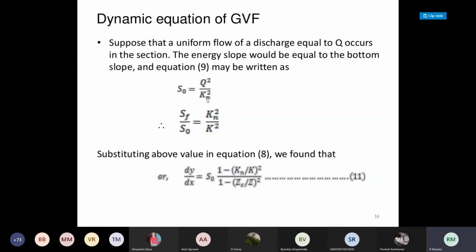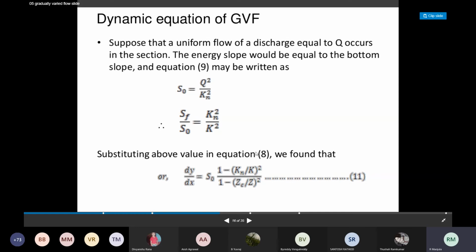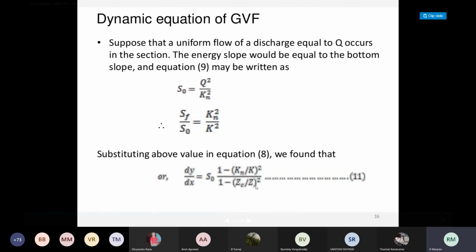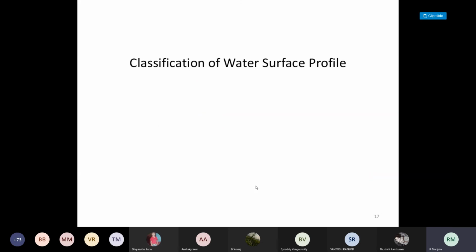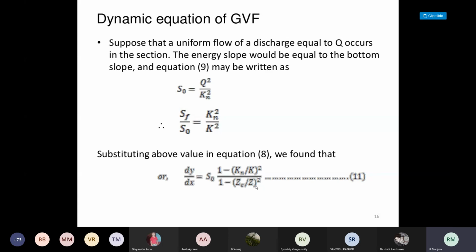So instead of Sf by S naught, you can replace by means of conveyance, and it could be dy by dx is equal to S naught into 1 minus Kn by K the whole square divided by 1 minus Zc by Z the whole square. This is another way of expressing the dynamic equation of gradually varied flow in terms of conveyance and section factor. So that is the basic derivation of gradually varied flow.